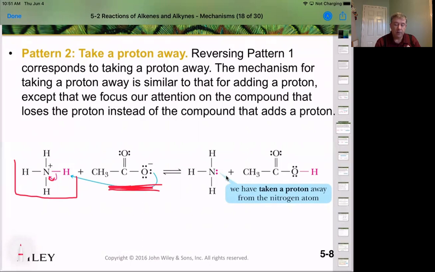These electrons will come in, form our new sigma bond with this hydrogen, and these electrons will kick in, giving us our neutral species of acetic acid and ammonia. So notice this is just the reverse of pattern 1, where we are taking a proton away from something that is more acidic to form another compound.